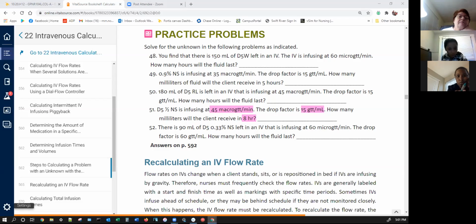What are we looking for? We're looking for milliliters. Oh, okay. Is it 1,440? It is. Okay, I thought I did it wrong.